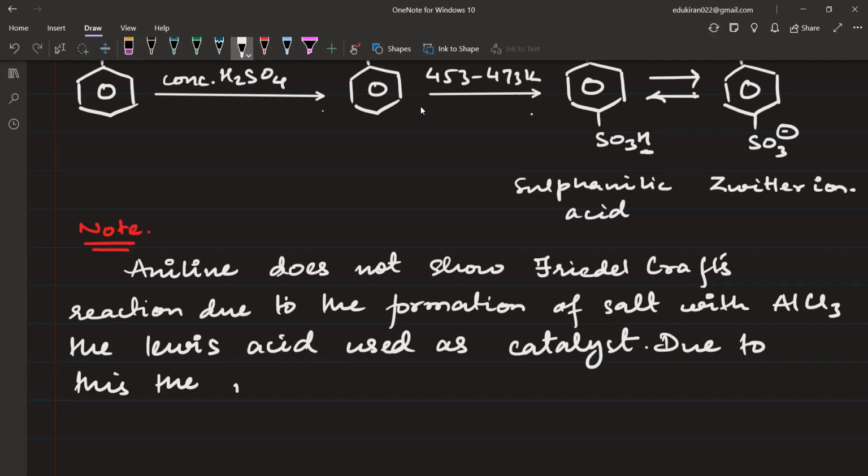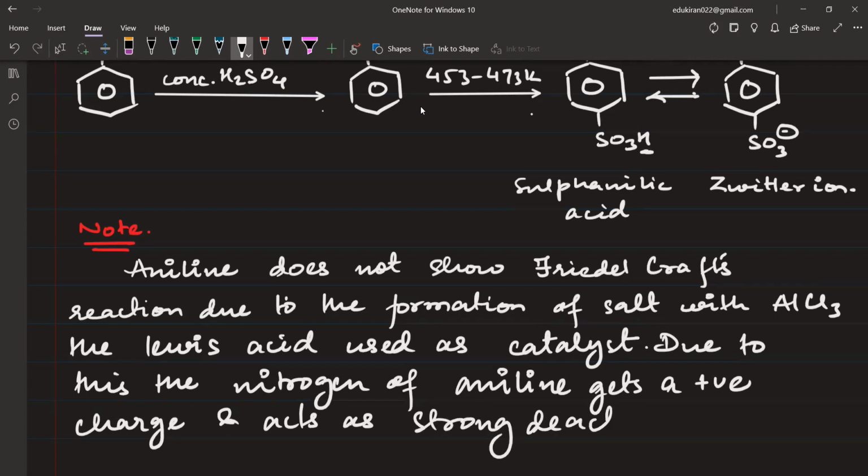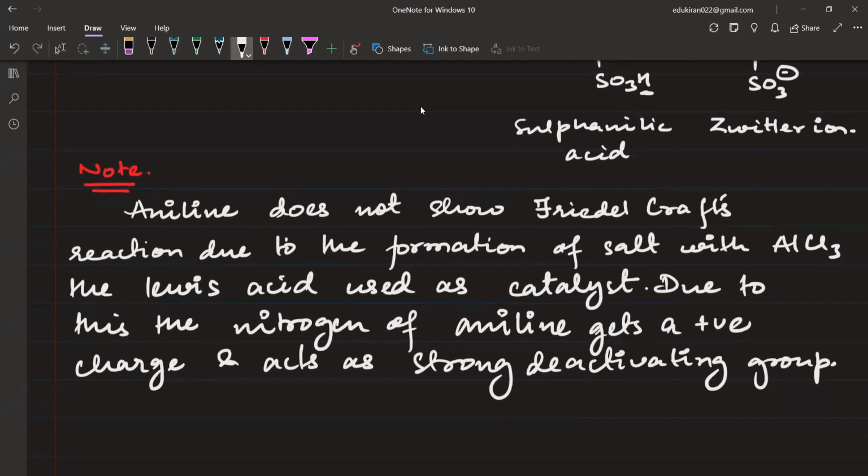The nitrogen of aniline gets a positive charge and acts as a strong deactivating group. Therefore, it does not show Friedel-Crafts reaction.